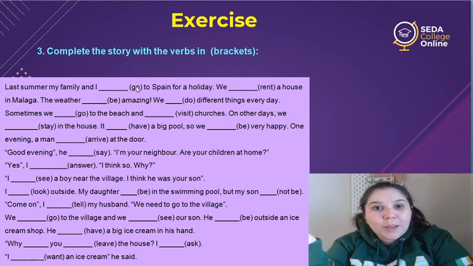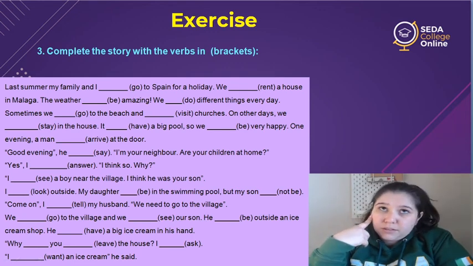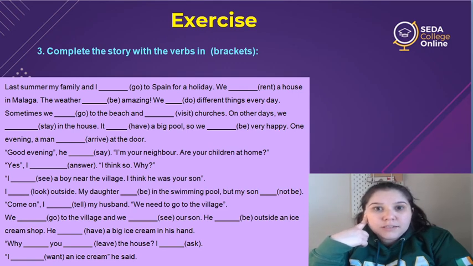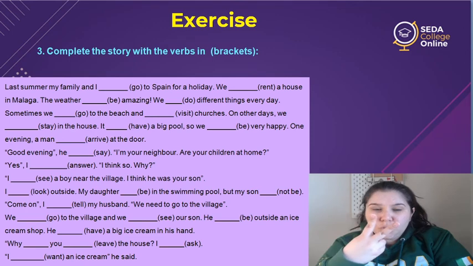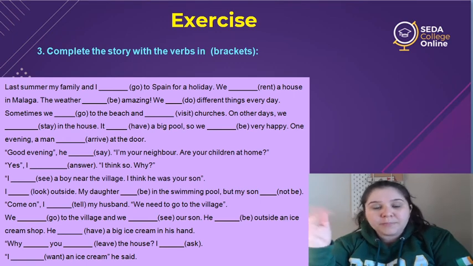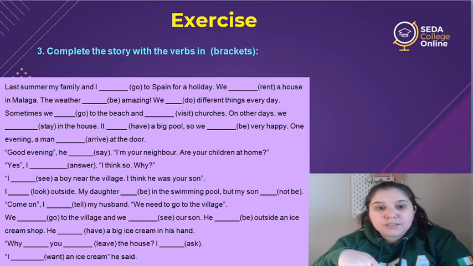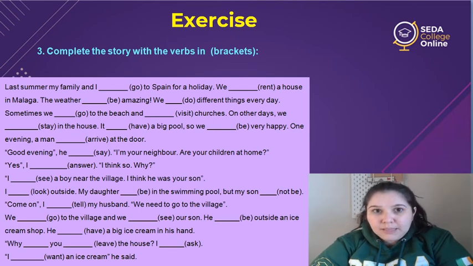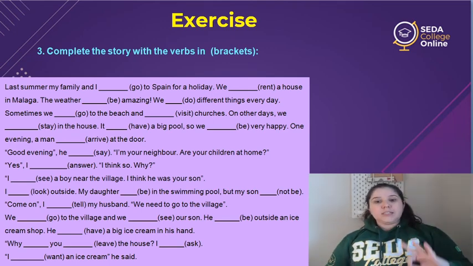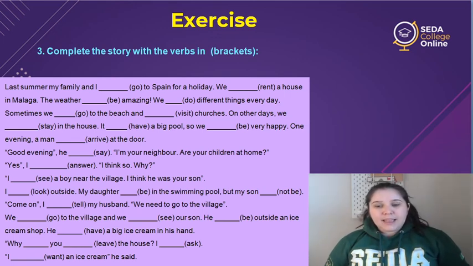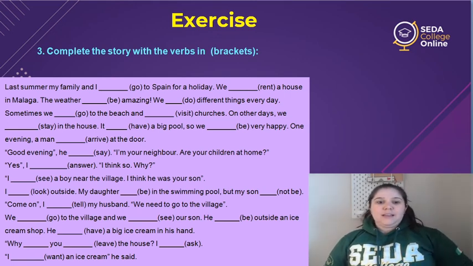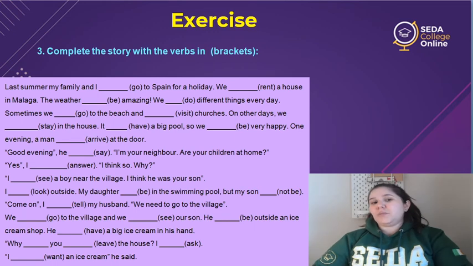So try to remember if it's regular or irregular and what's the correct form of the past. I'm going to give you 3 minutes to complete the exercise. There are many verbs there. Try to write down your answers and we're gonna check them together. So start working.